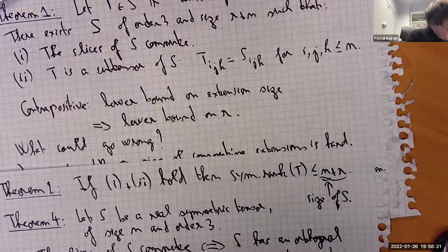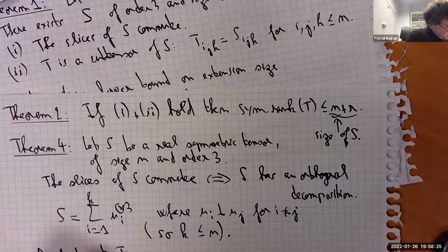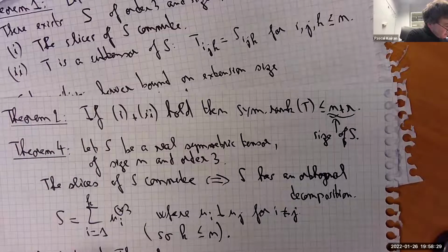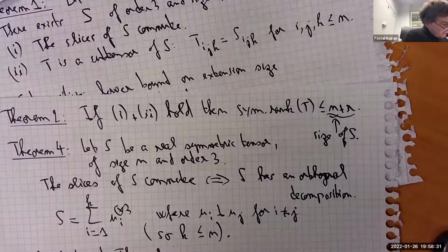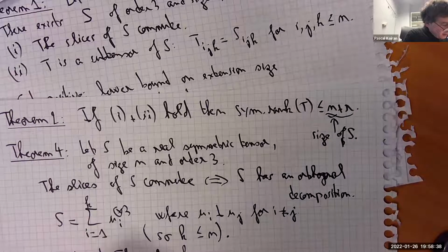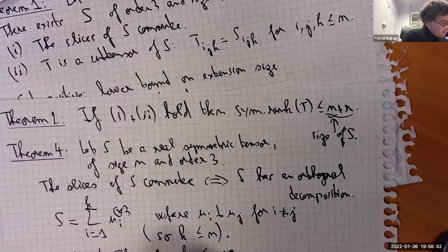So the application to theorem 2 is simply that now we have k less than n plus r. So S is of size n plus r.